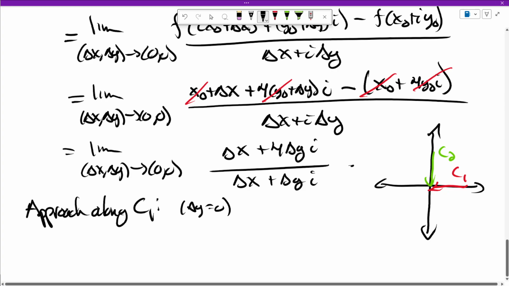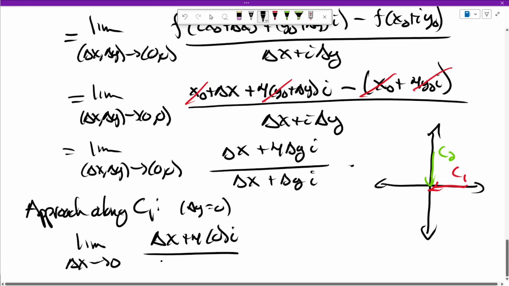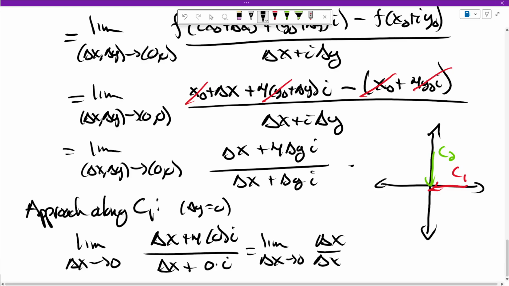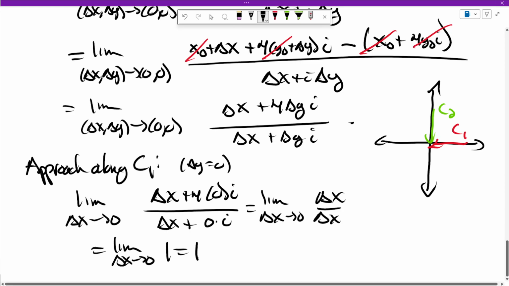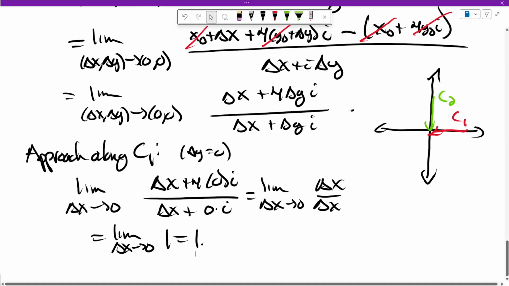So we're really just looking at the limit as delta x goes to 0 of delta x over delta x. And that's the limit as delta x goes to 0 of 1, which is 1. So along the real axis, it looks like this limit should be 1.